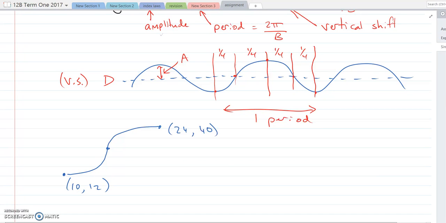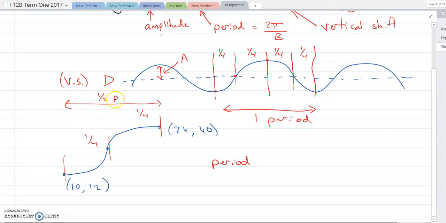So the first thing I do is figure out what your period is. Again, this is 1/4 of the period here, the bottom to the middle, and then the middle to the top is 1/4 of the period. So this distance here is half a period. On the x, this is going from 10 to 24, so this is 24 minus 10 equals 14.